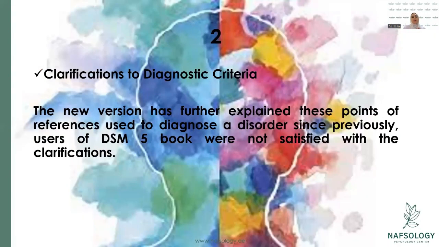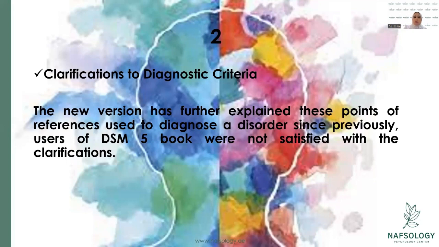Secondly, clarifications to the diagnostic criteria. If you are familiar with the DSM-5 and have read it, each diagnosis starts with the diagnostic criteria. Diagnostic criteria is a list of symptoms which will help you make a diagnosis, and based on that, a clinician, psychologist, or therapist also understands the severity level of the disorder or the condition of the client or the patient.